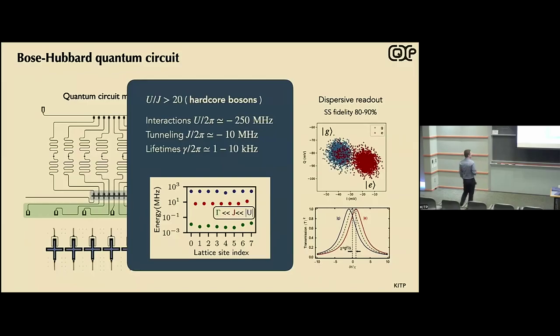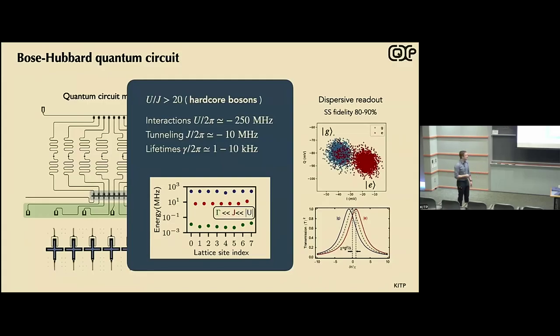There are, of course, many groups around the world trying to make these Bose-Hubbard models with superconducting circuits, and it's an exciting field. The science that I'm going to discuss only has 7 or 8 sites, so we don't focus so much on trying to build a platform that has the most number of qubits.